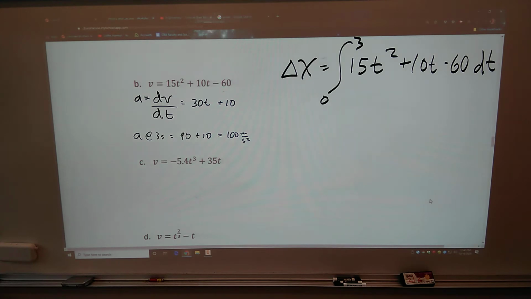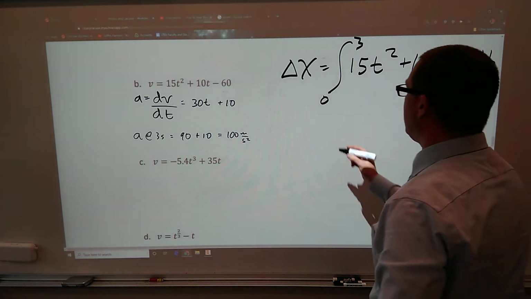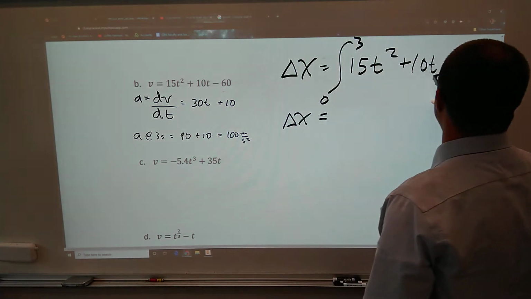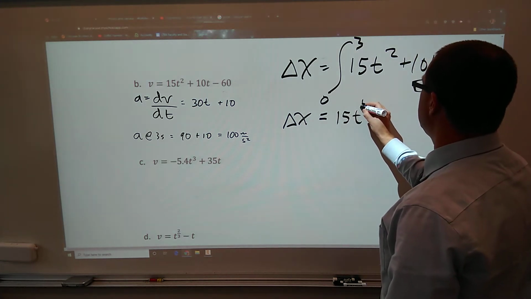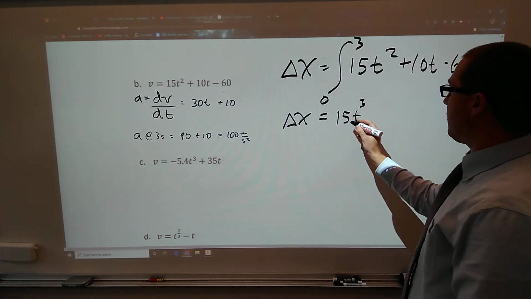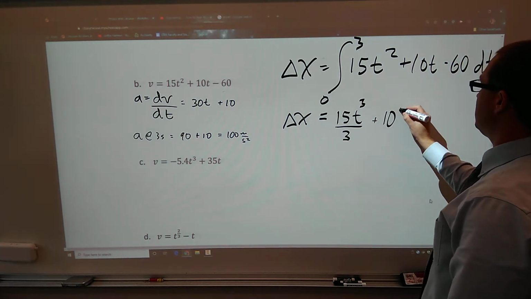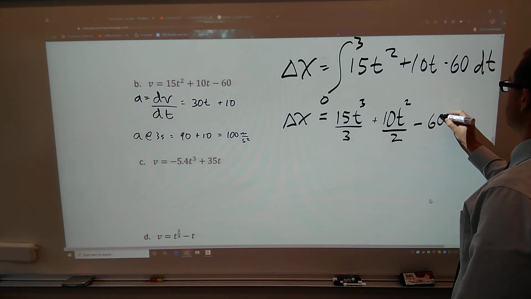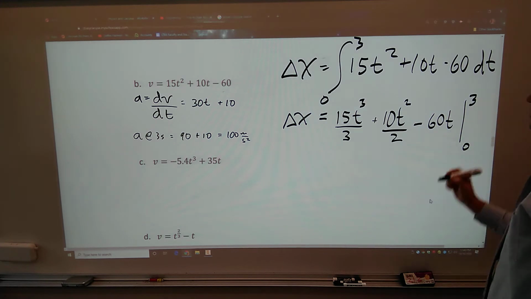All right. So, the displacement is equal to the integral. Well, the integral is equal to the antiderivative of the function, so 15 times t cubed, so you raise the power, divided by the new power, plus 10t squared over 2 minus 60t, evaluated from 0 to 3.